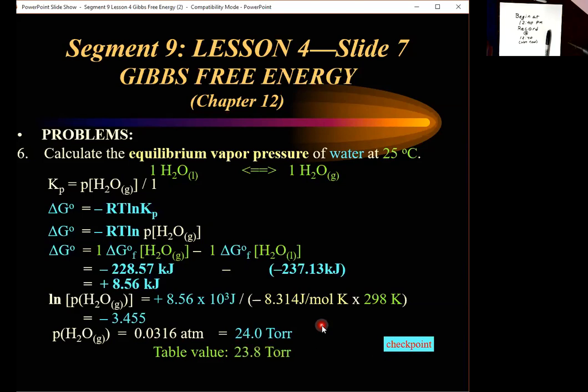And the table value, hey, we do pretty good there. The table value is 23.8. The measured vapor pressure of water at 25 degrees measured in the laboratory is 23.8. We calculated and didn't even go to the laboratory, 24.0. Hey, I'm for that.